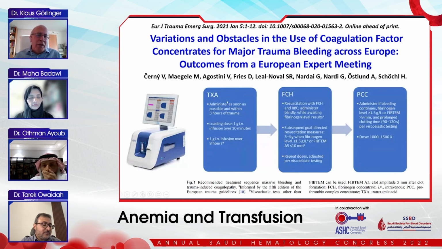That means, of course, tranexamic acid to stop hyperfibrinolysis, fibrinogen concentrate to increase the fibrinogen level if needed, and prothrombin complex concentrate to increase thrombin generation, which is not so often needed, in particular when we can stop the bleeding early. Usually we can avoid it, but in ongoing bleeding, that's sometimes also necessary.